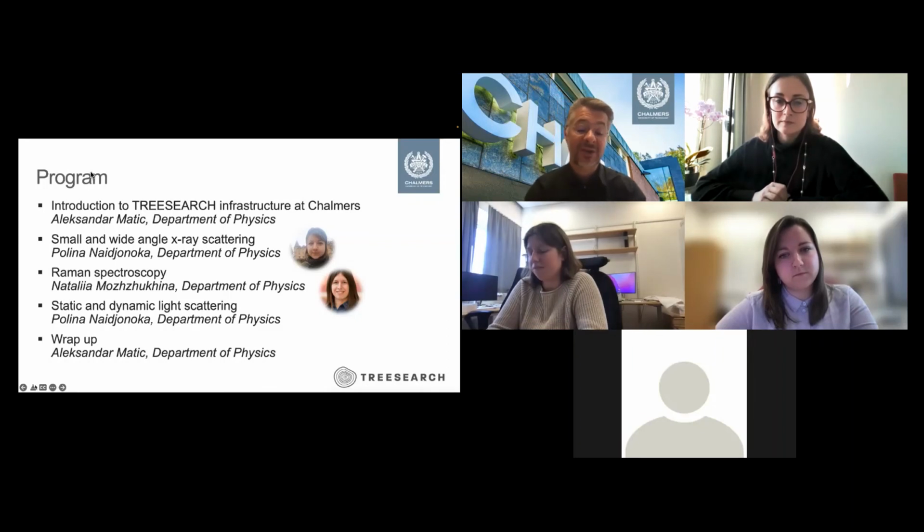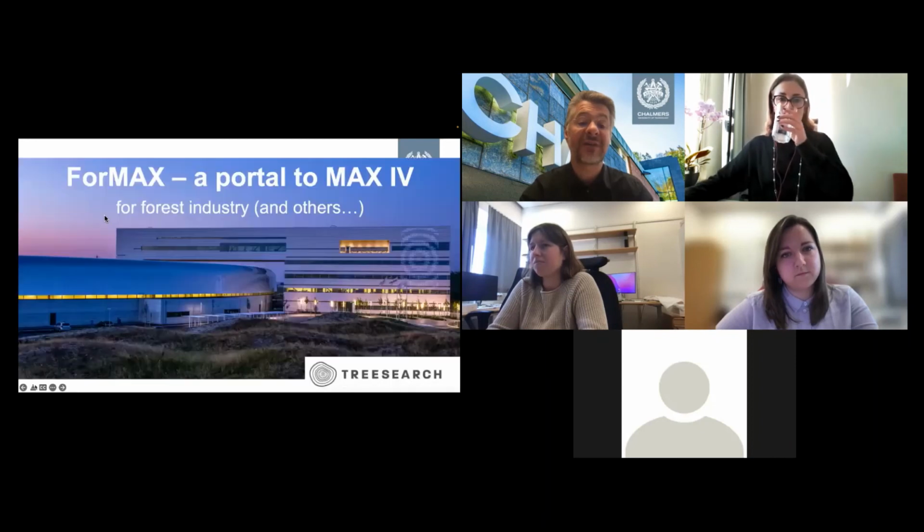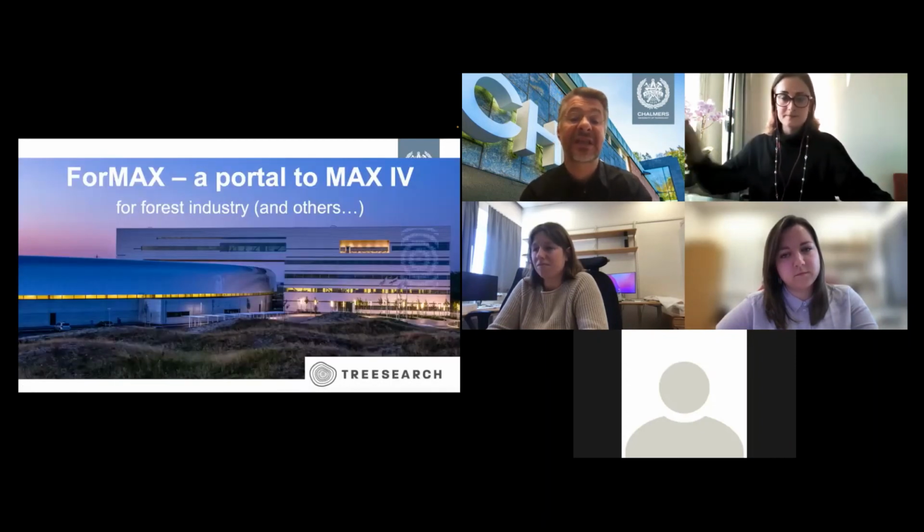So if she sees that your suggestion probably fits somewhere else, then she will direct you to that one. But in connection to the small angle and wide angle X-ray scattering that Polina presented, I would also like to highlight that through Treesearch, we also have access to the MAX4 facility through the MAX4 portal.